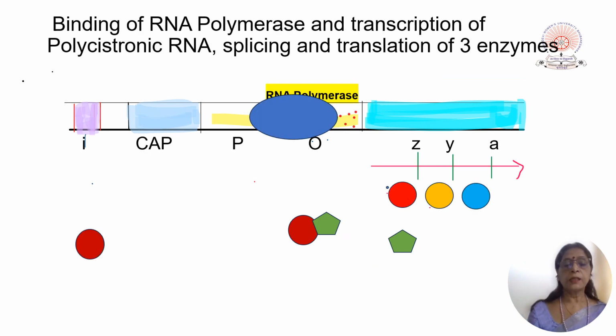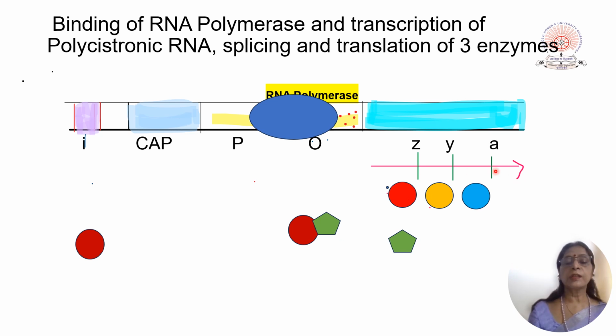When the repressor dissociates from the operator, the promoter becomes free and the enzyme RNA polymerase binds to the promoter. After binding, it initiates the transcription of the genes Z, Y, and A, and there is synthesis of a polycistronic mRNA.